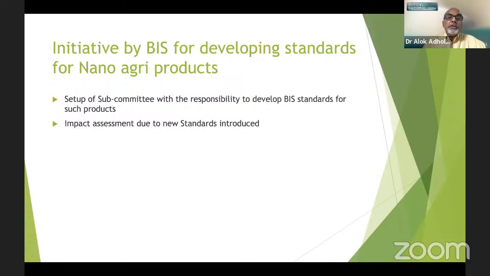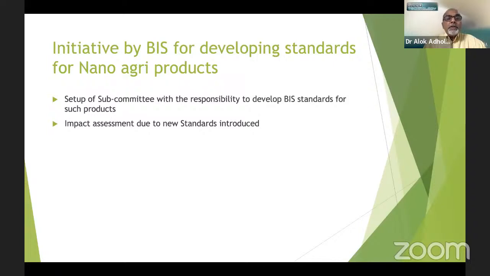So basically what we are trying to look at is developing standards as well, so that there is a complete framework available and the regulatory aspects are completely fulfilled. There is another initiative that is being taken, which is the impact assessment of these standards. Those are being developed so that the impacts as well as the learning back from the user or developer are taken care of while developing the national standards.